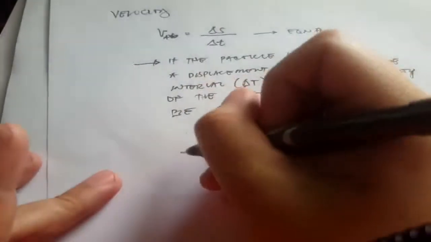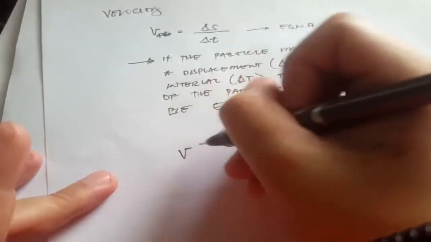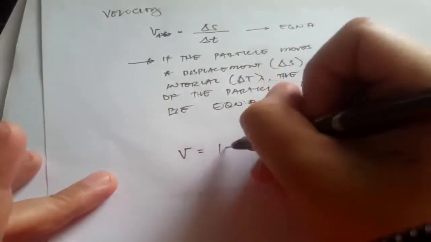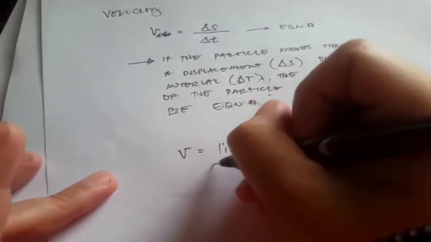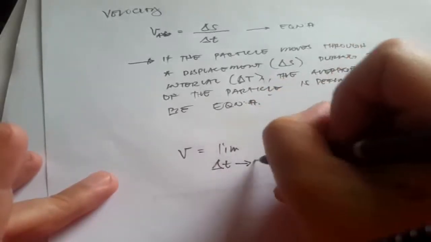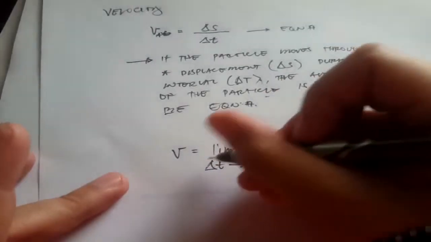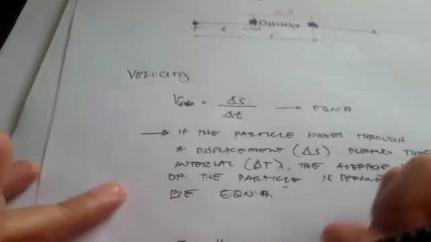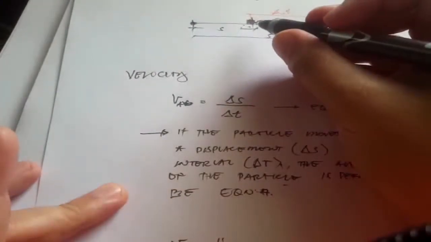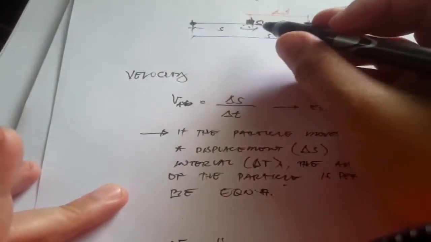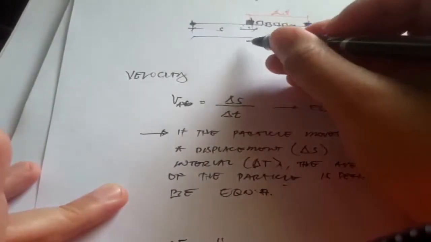Okay, so for our instantaneous velocity, we are now computing the limit of delta t as it approaches 0, meaning if we take the smaller and smaller values of delta t here.